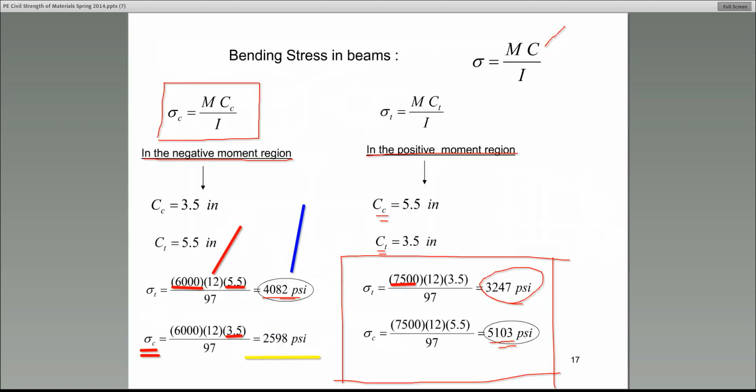In other words, separately calculate the stress in the negative moment region and then the stress in the positive moment region. I hope that's clear to you.